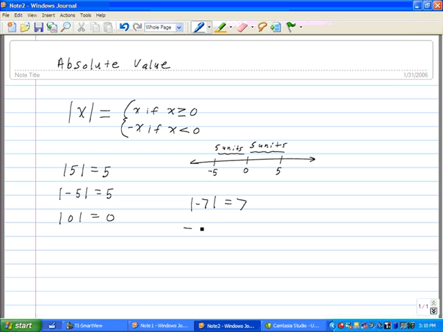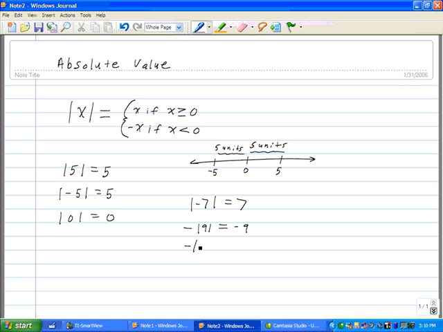But if we write an absolute value problem with a negative sign on the outside, you have to remember that the absolute value symbol can't do anything about that negative sign because it's not inside of it. So that would stay a negative 9 because the absolute value of 9 would still be 9, but this negative sign that was outside would come over onto the answer.